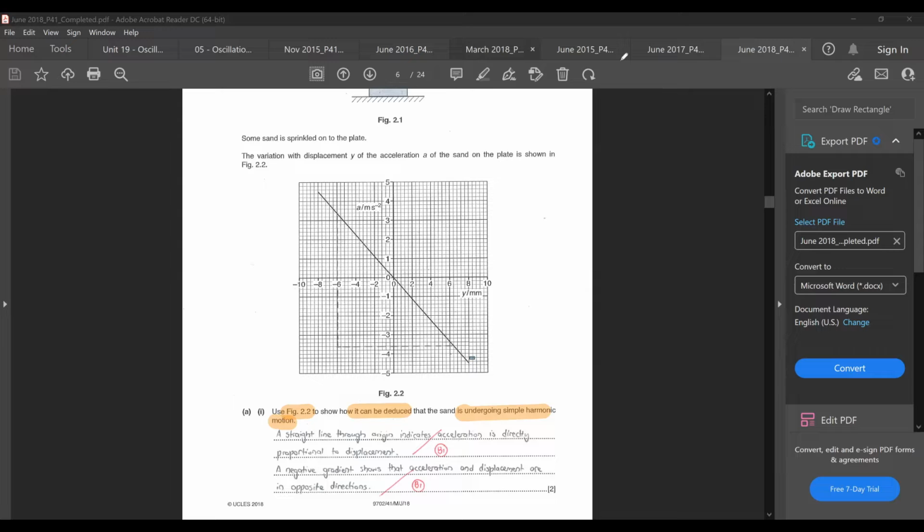So this is your standard vanilla acceleration versus displacement graph. So you can actually see from this graph that this object is undergoing simple harmonic motion. So that time I told you a is negative omega square x.